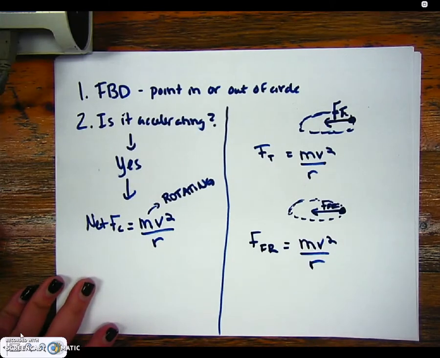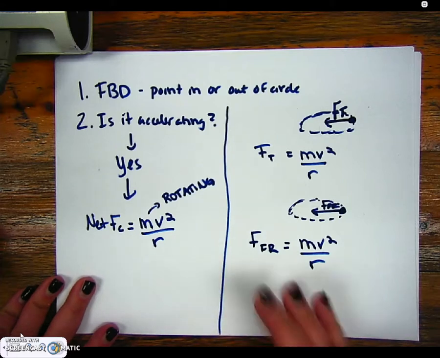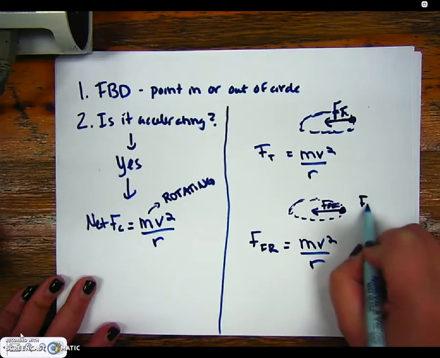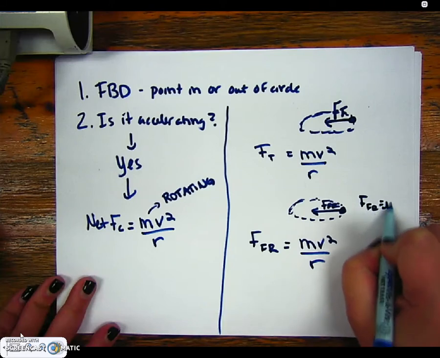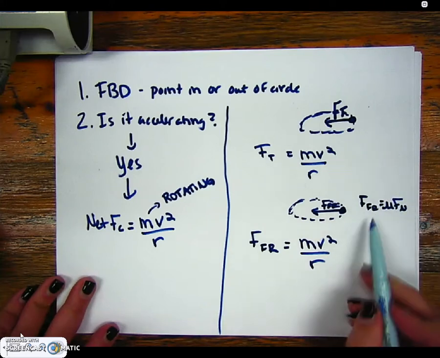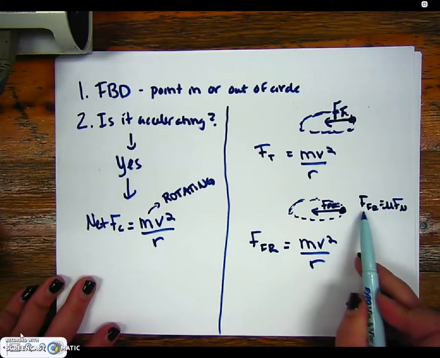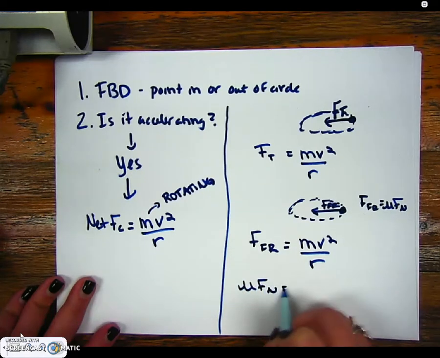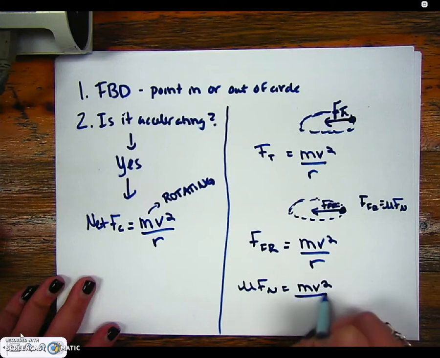Now, if we were asked about the coefficient of friction, then just like we did before, we could substitute values in here. We know our equation for friction is mu Fn. So if I substitute this in, I have mu Fn is equal to mv squared over r.